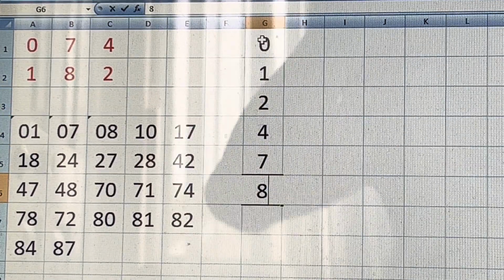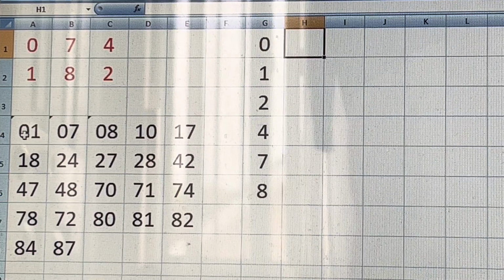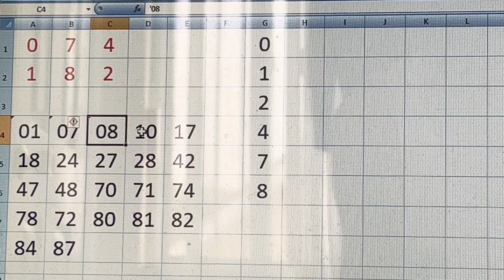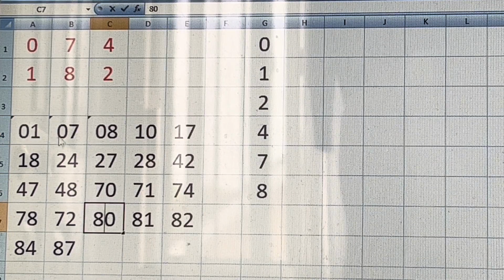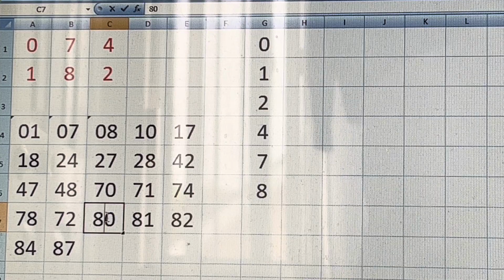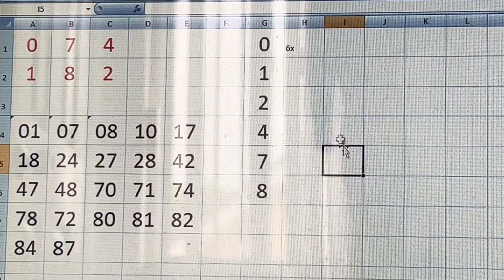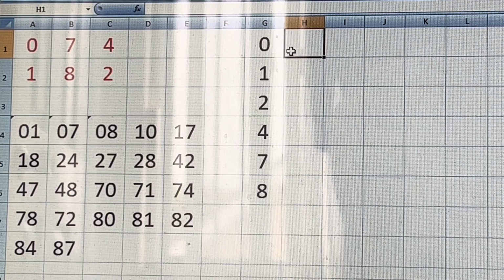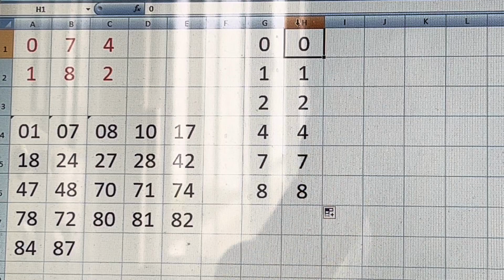So 1, 2, 4, 7, 8. You calculate how many numbers use 0: 1, 2, 3, 4, 5, 6. That is 01, 07, 08, 10, 70, and 80. So you have 6 numbers that use digit 0. So it appears 6 times.